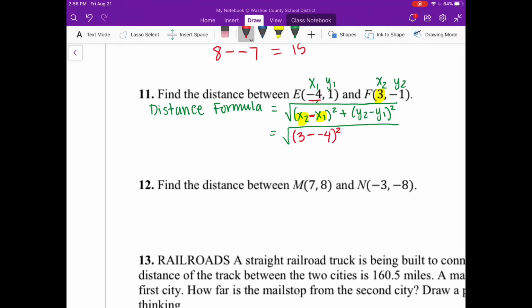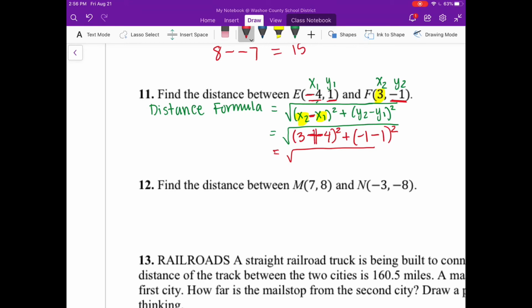The minus is part of the equation, and even though x1 also has a minus, we have to go ahead and keep both. Then we have the plus sign as part of the formula. y2, for me, y2 is negative 1 minus y1 is 1 as well. And then we square that. Okay, so from here you can use your calculator or you can just do the math in your head.